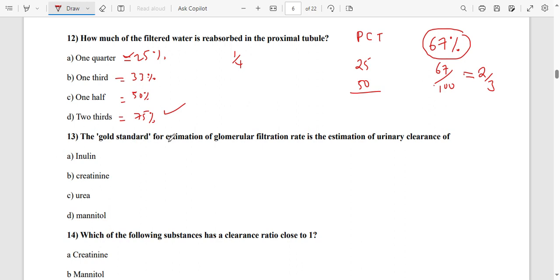The gold standard for estimating glomerular filtration rate is the estimation of urinary clearance of which one of these compounds? Which one can you pick? Inulin, creatinine, urea, mannitol.